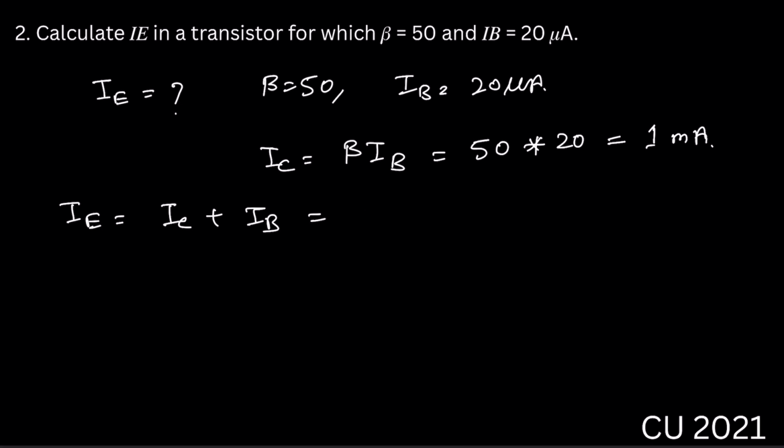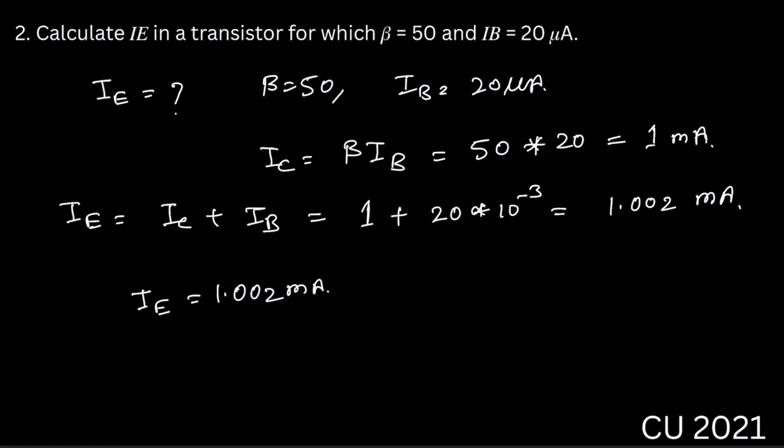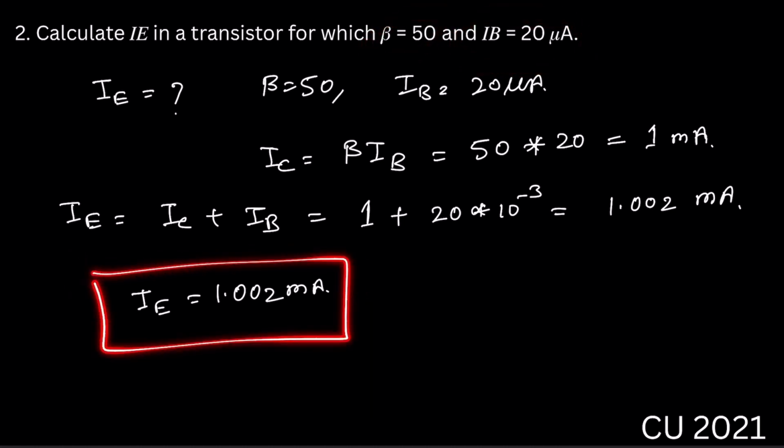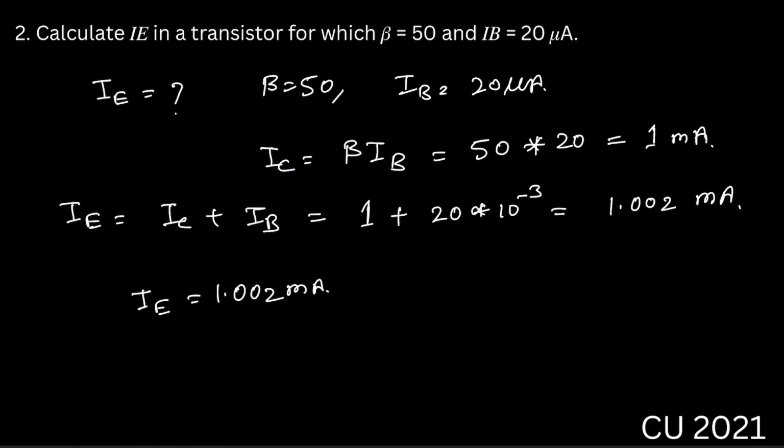It will be 1 milliampere plus 20 microampere, so this will be 1.02 milliampere. So if the IB value is 20 microampere and beta is 50, then IE will be 1.02 milliampere.